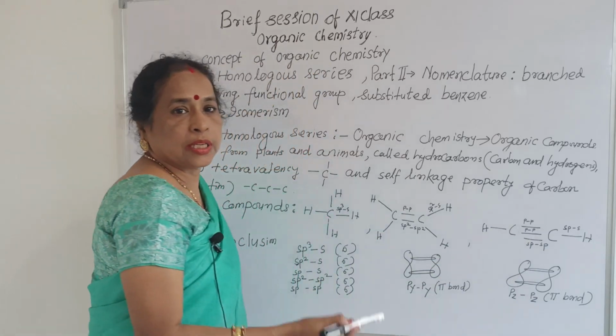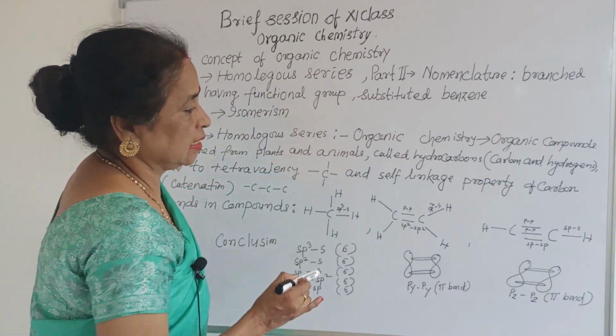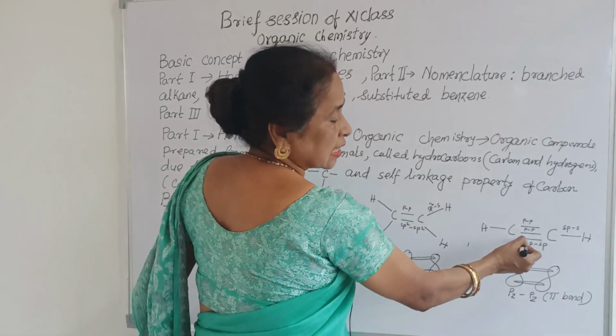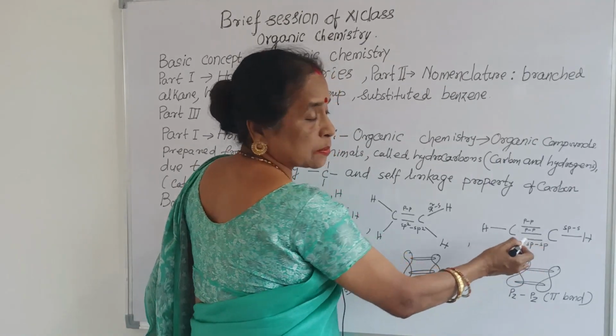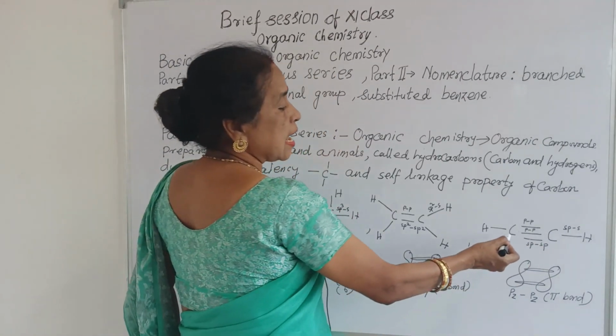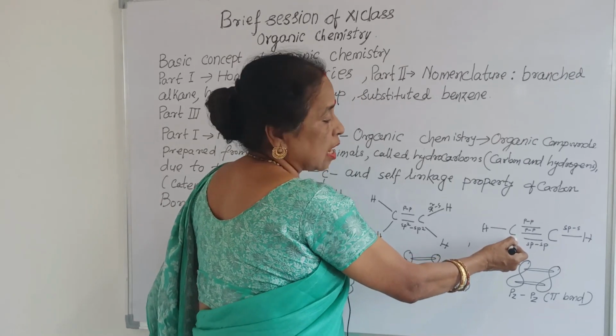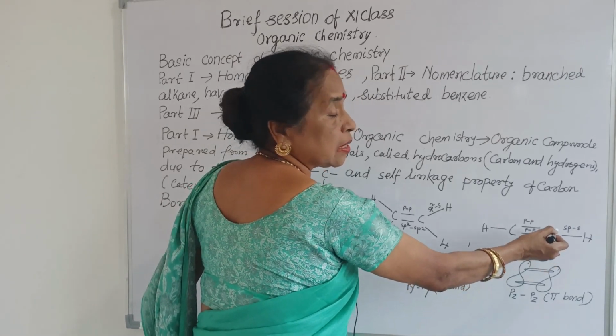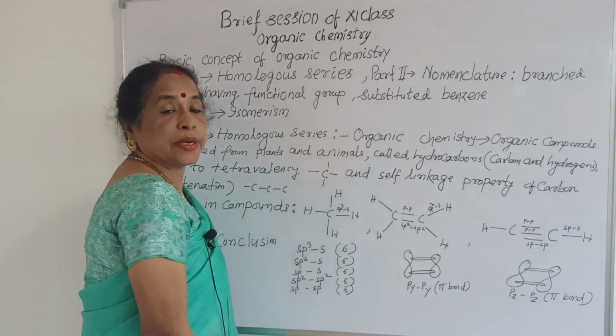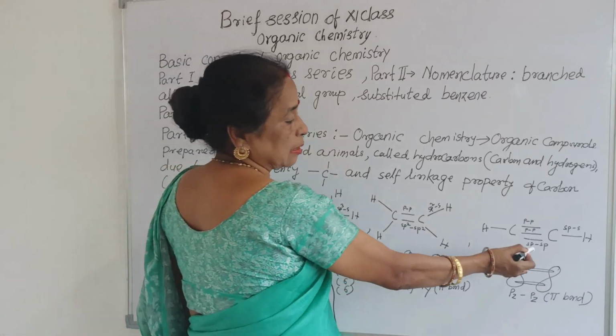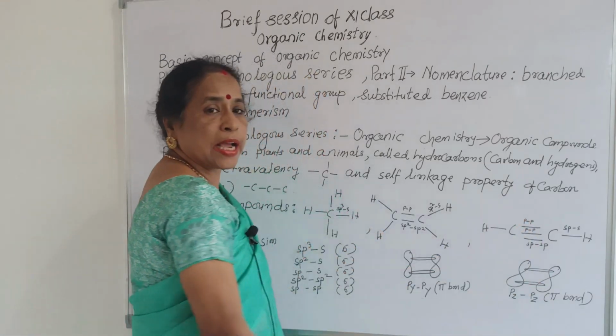In the middle, we can see 3 bonds are present, where one is a sigma bond, that is sp-sp overlapping. That means the sp hybrid orbital of this carbon overlaps with the sp hybrid orbital of this carbon and forms a sigma bond. And these 2 are pi bonds.